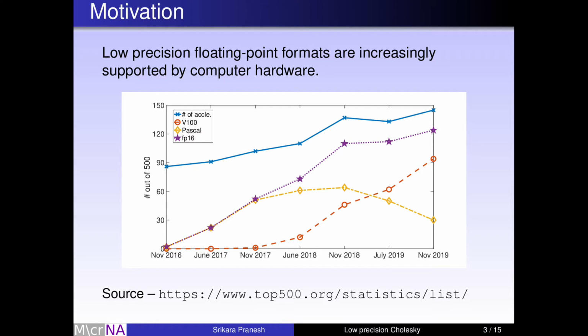But what is even more exciting is that the number of systems which have hardware with FP16 support is increasing as well. That's the purple line here. This trend makes the question of using low precision in your applications quite relevant at this point in time.